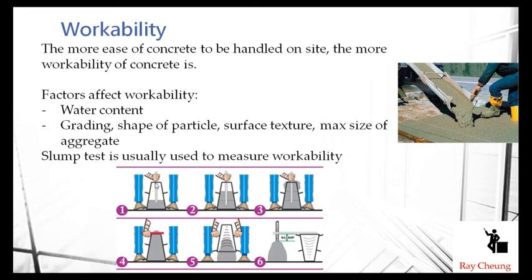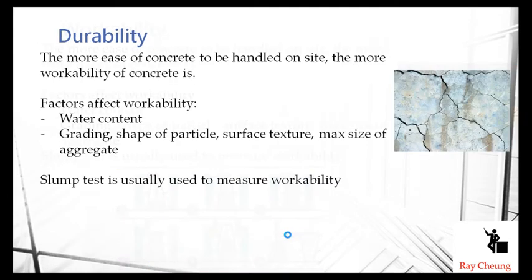It is like this: we put the concrete into the mould, and then we rod it and make it level on the top, and then we take out the steel cone, and the concrete will fall down. If the concrete falls too much, it means too much water. Maybe we put too much water during concreting, which may not be good. That's why we need to control the quality. This is some of the example. I will show you later in detail.